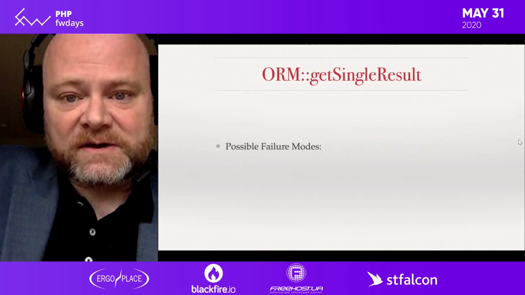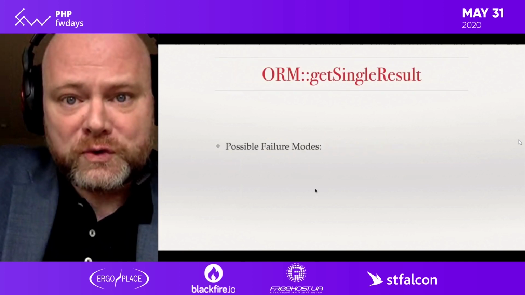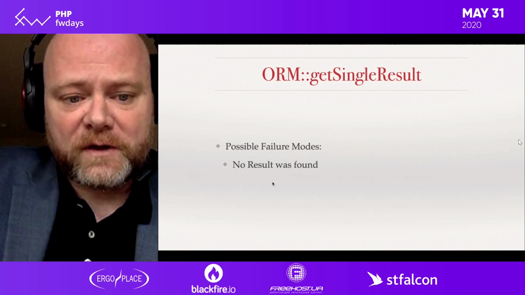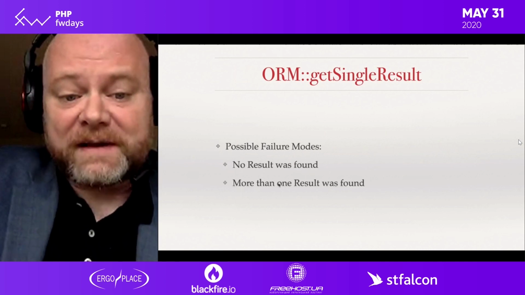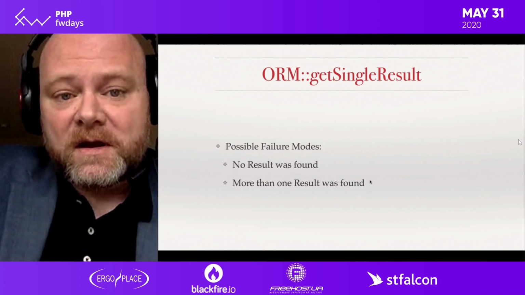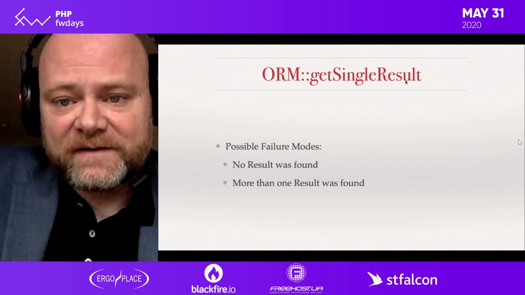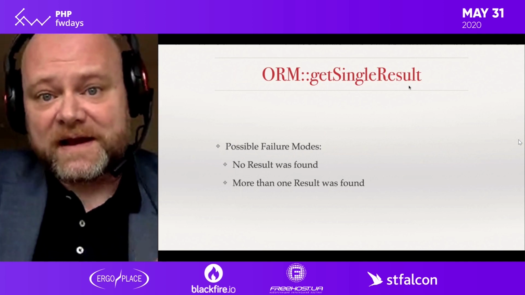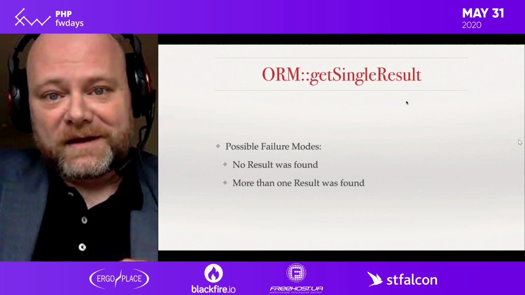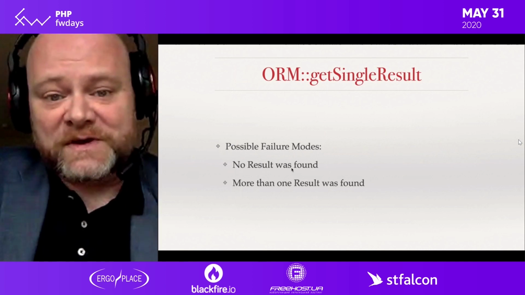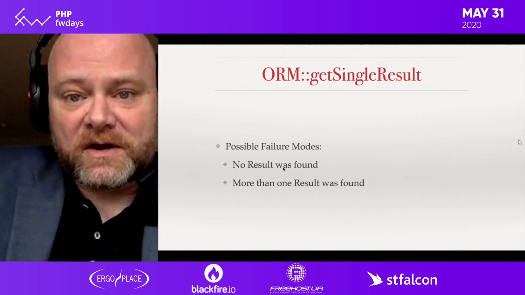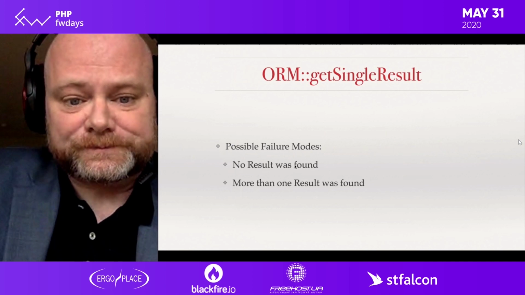So get single result has two possible failure modes. One is that no result was found. And two is that more than one result was found. The contract of get single result is that you will get exactly one result. If anything other than one result comes back, then you will get these two failure modes.